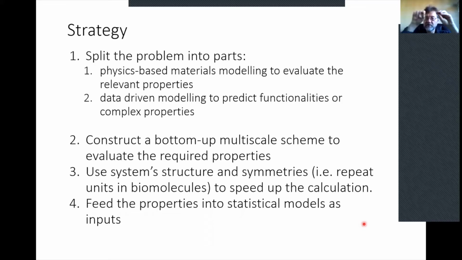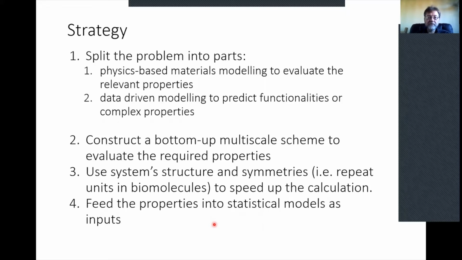So here I have statistical, and say from atomic structure to complex descriptors by an interface, I have physics-based. Then our scheme will be bottom-up.